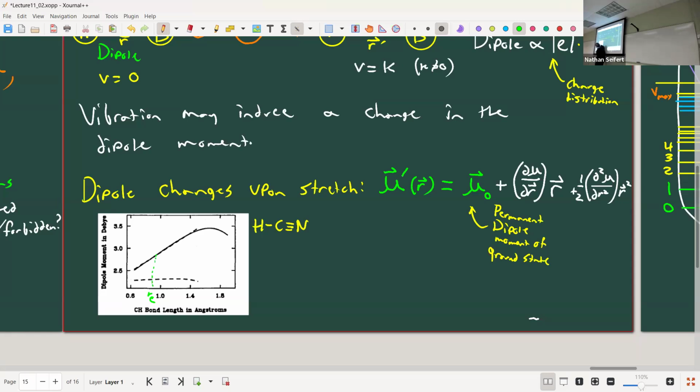You can see as you compress the molecule, make it shorter, or stretch it longer, it just goes as a linear function. So in this system, it's basically linear.